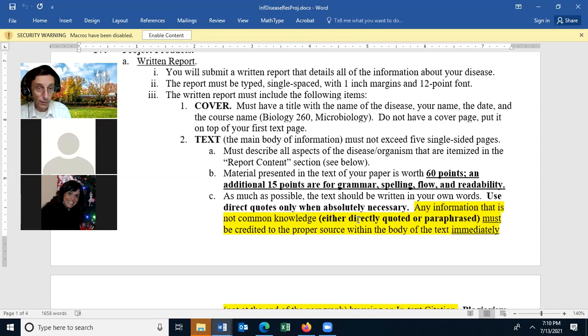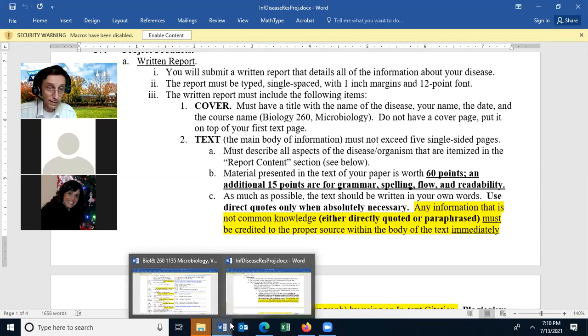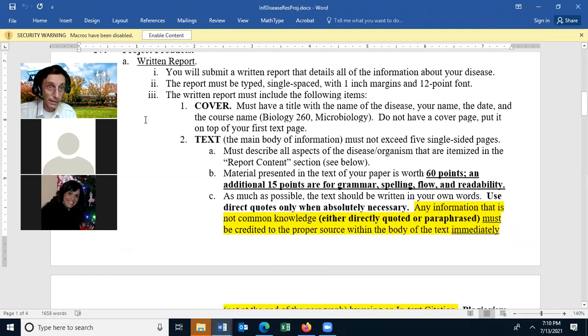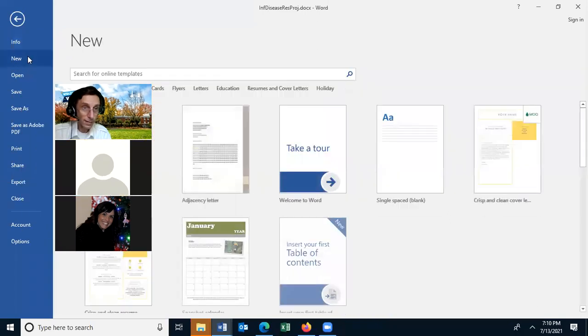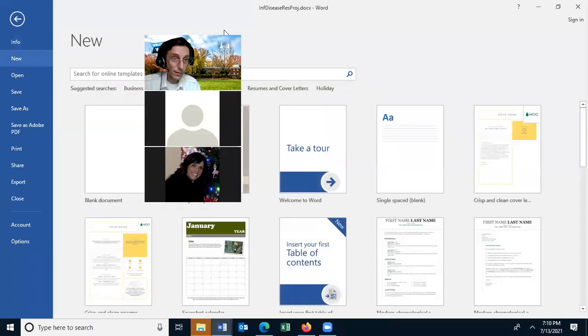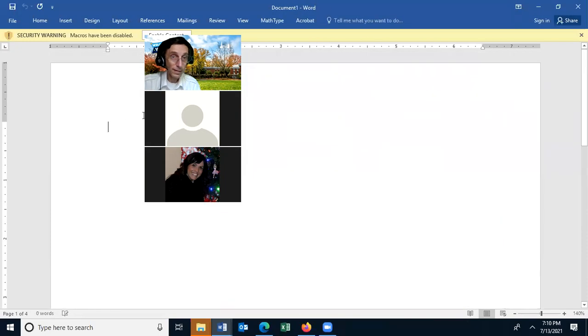That's up to you how you want to handle that. How you do an in-text citation, I'm going to show you, because students frequently get this wrong. Not all students, but it's enough students that I'm going to show you, because this error happens all the time.